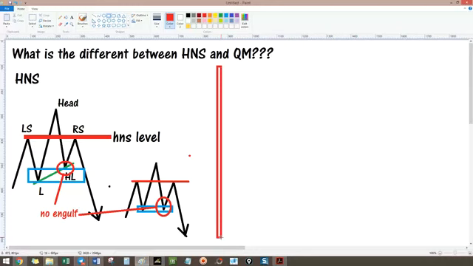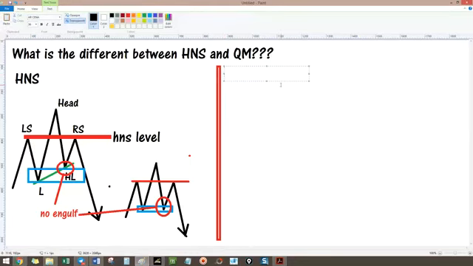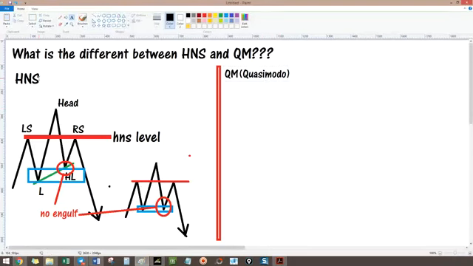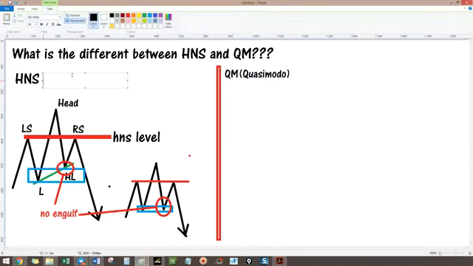Okay, so I will draw another one for QM. QM or Quasimodo. Here is head and shoulder. And shoulder. Okay.